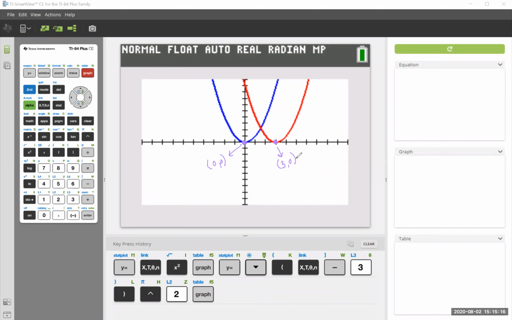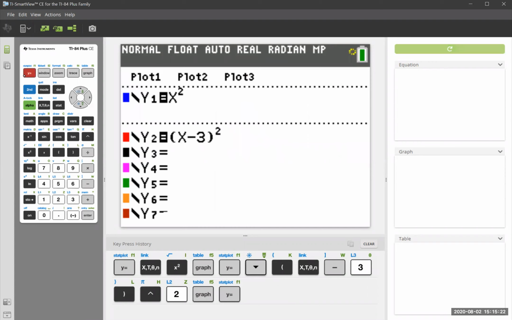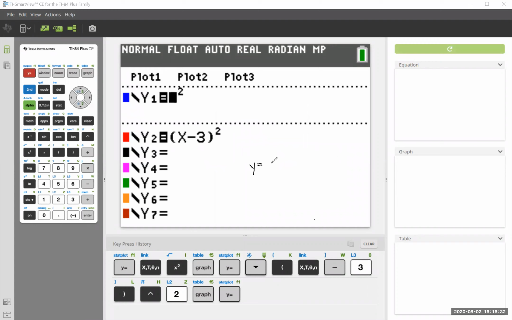Well, let me go back to our y equals screen. A while back when we were studying our absolute value function, we had learned the general structure was y is equal to a times the absolute value of x minus h, plus k.